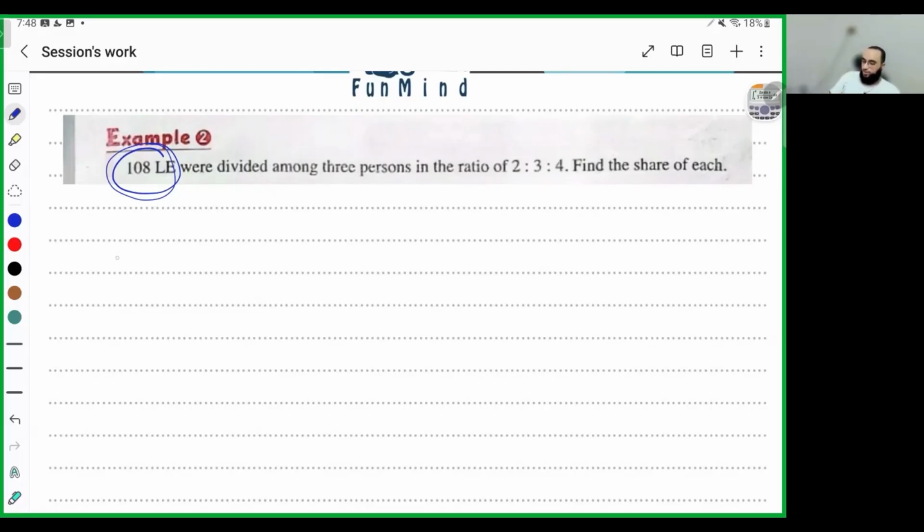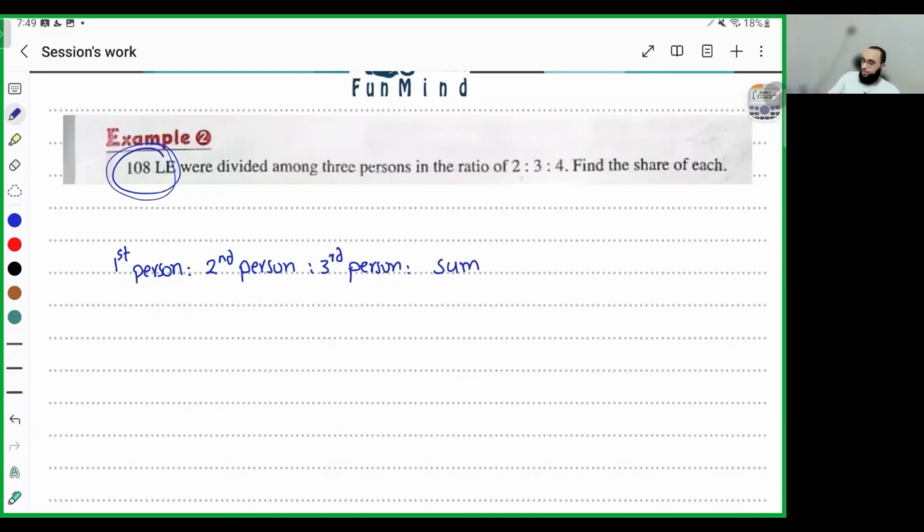Then I'll write the first person, after that the second person, after that the third person. Is it a sum question? Why? Because this amount is the sum of 3 persons together.